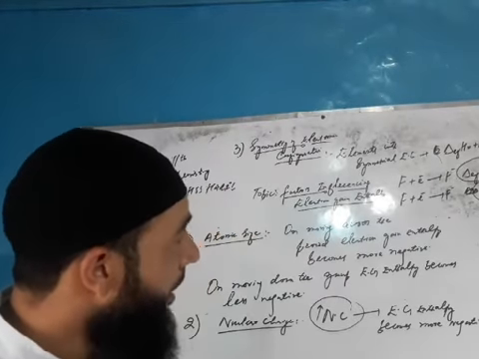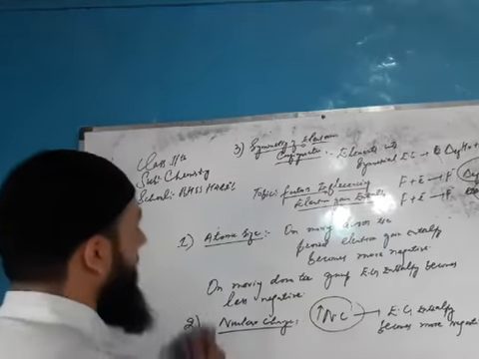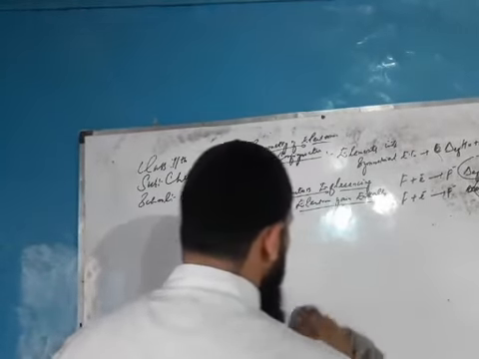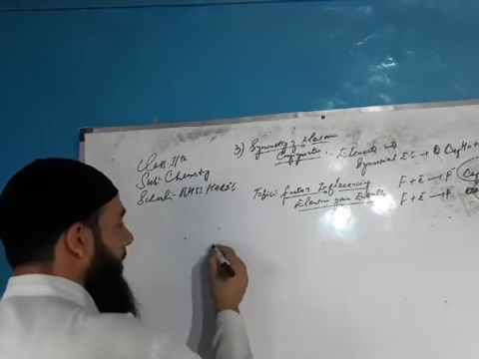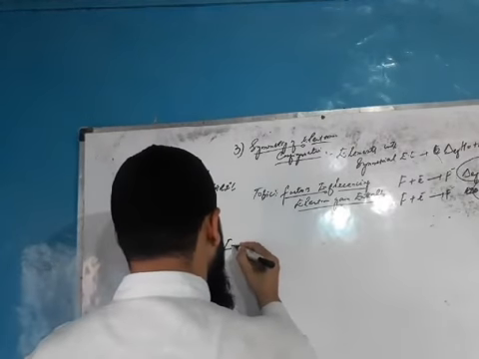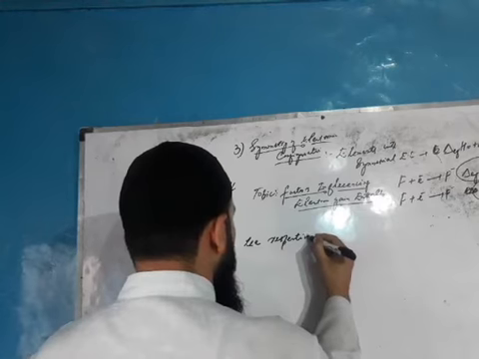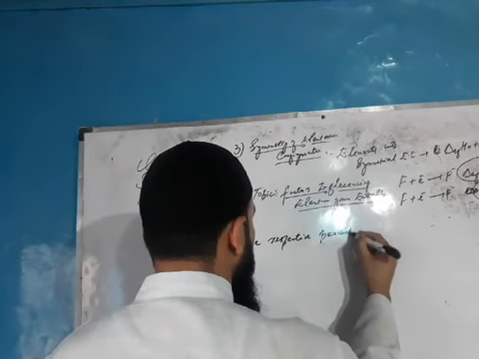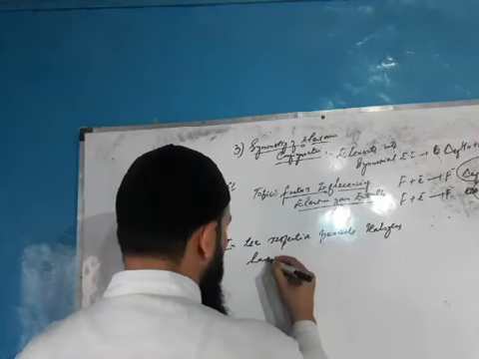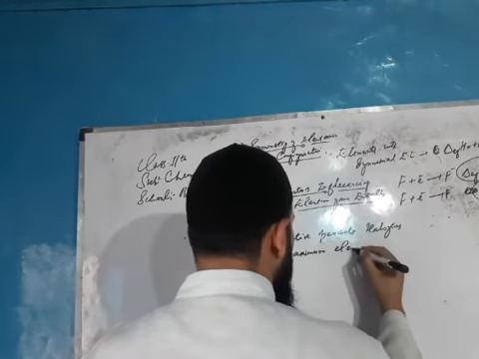Now we have two other important points. First, in their respective periods, halogens have maximum negative electron gain enthalpy.